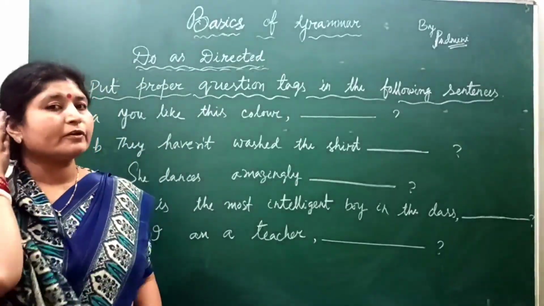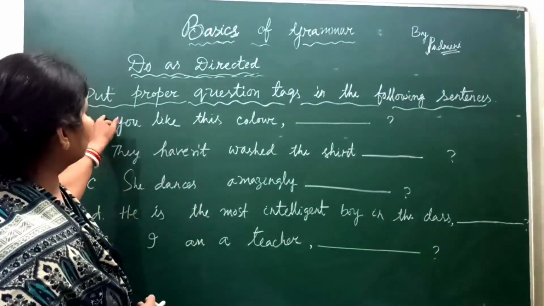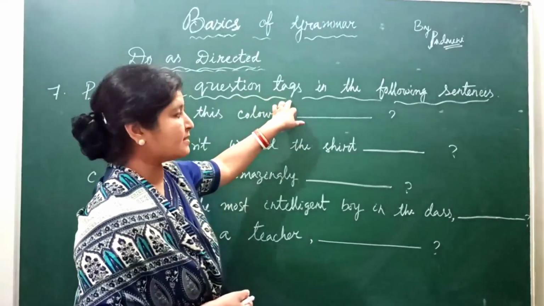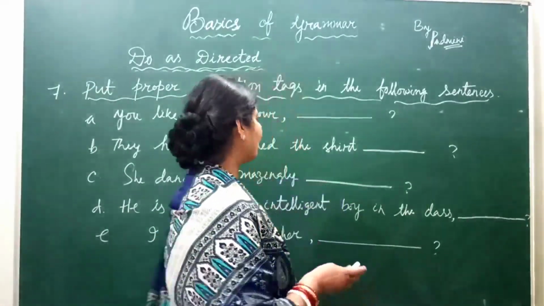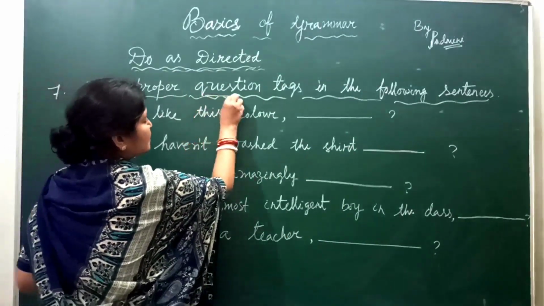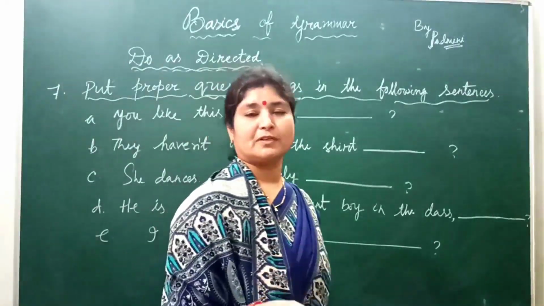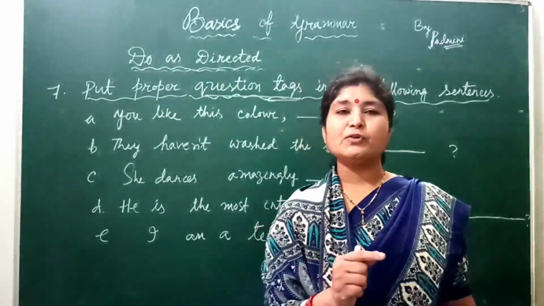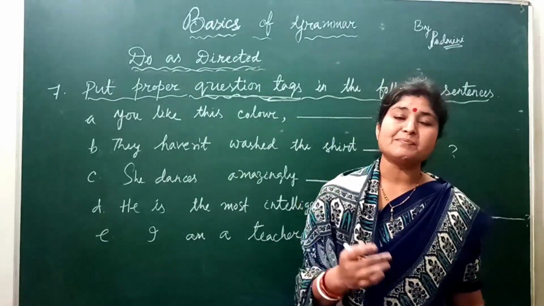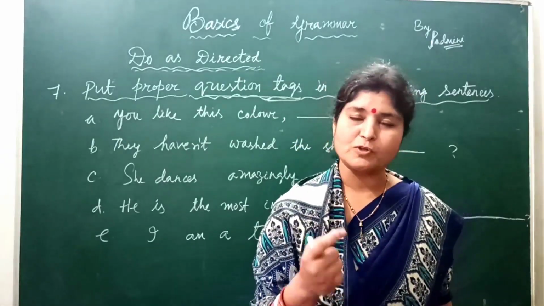Okay. So your next question is, put proper question tags in the following sentences. What is, children? Put proper question tags. So question tag means what? As you know, there are three types of interrogative sentences or questions.